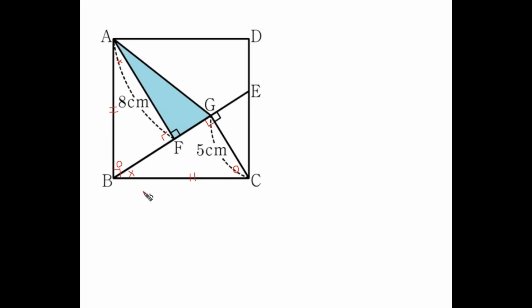So we can find triangle ABF is congruent to triangle BCG. So AF is BG. BG is 8.